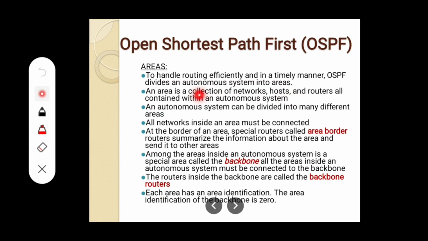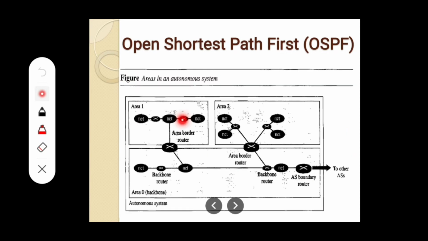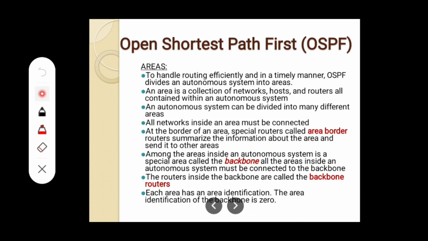They are all connected. All the networks inside an area must be connected. At the border of an area, a special router called the area border router summarizes the information about the area and sends it to other areas.